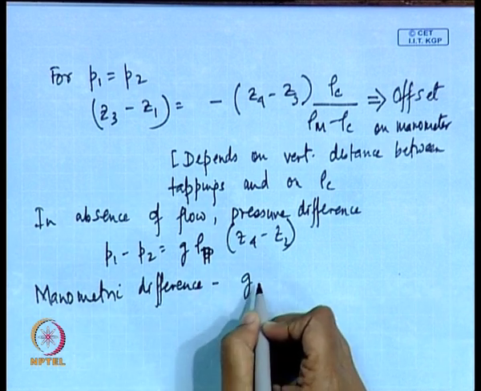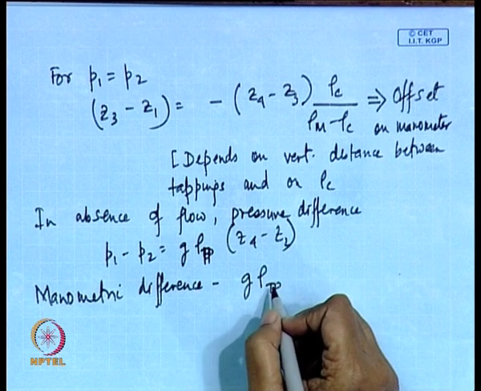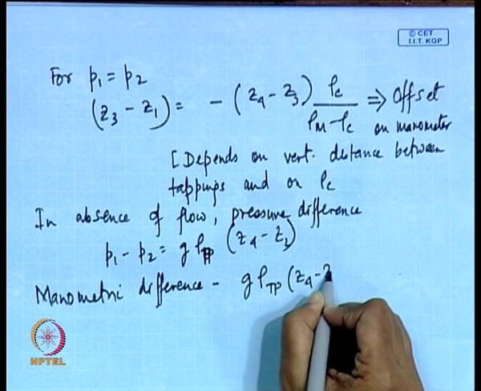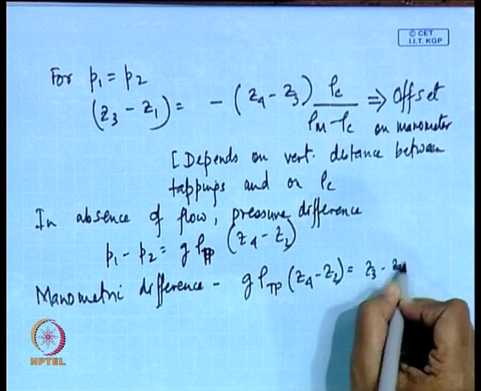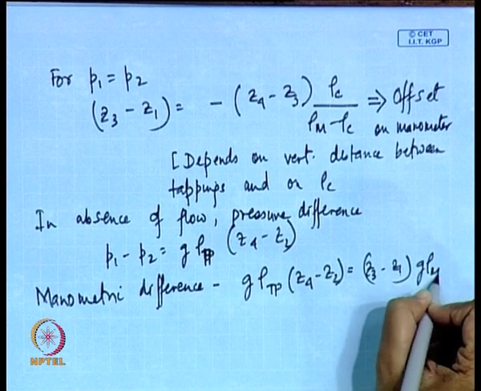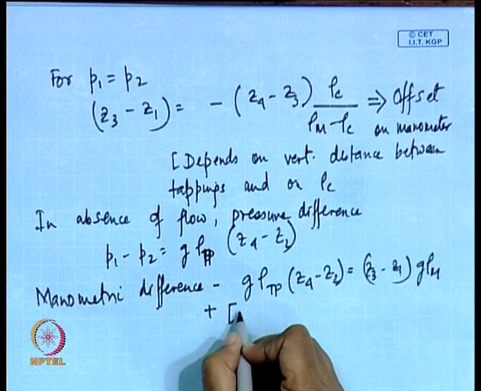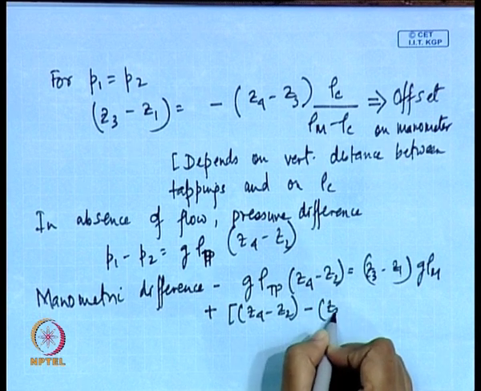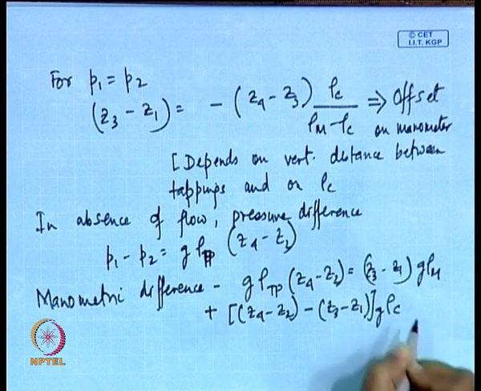So, for finding the manometric difference, what do we do? It is g rho TP into Z4 minus Z2, this is equal to Z3 minus Z1, the manometric difference, times g rho m, plus Z4 minus Z2 into g rho C. Just do the derivation once, it is going to be clear to you.